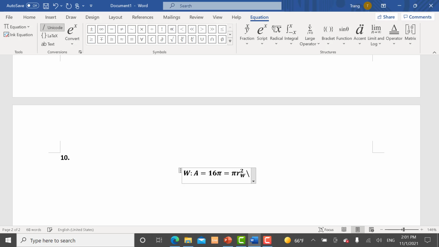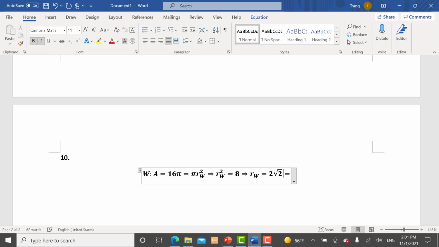Leading to RW square is equal to 8. So we got the radius of the circle W is equal to 2 square root of 2.